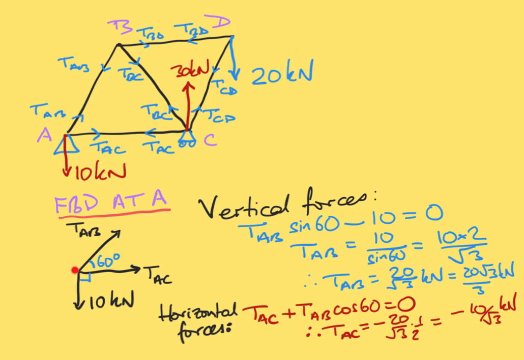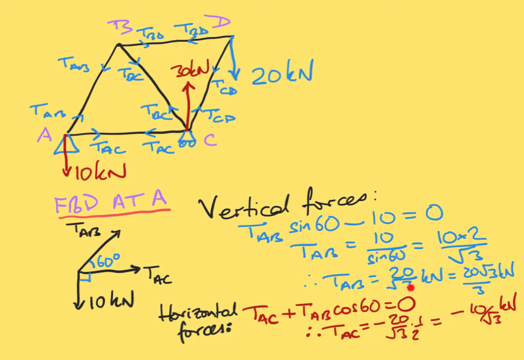Okay, we now know what TAB is, so this tells us that TAC is going to have to be negative to balance the horizontal component of TAB, which is acting to the right. Let's see how that works. So TAC plus TAB cos 60 are going to have to sum to 0, and we know what TAB is.